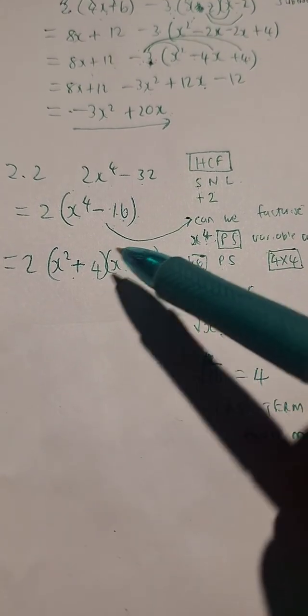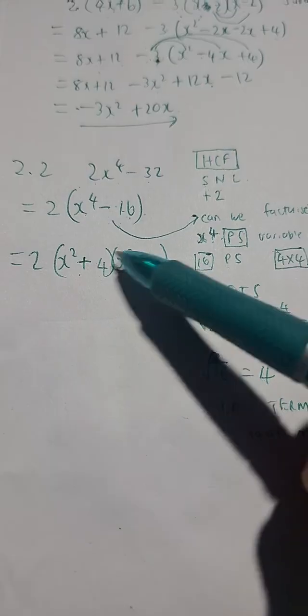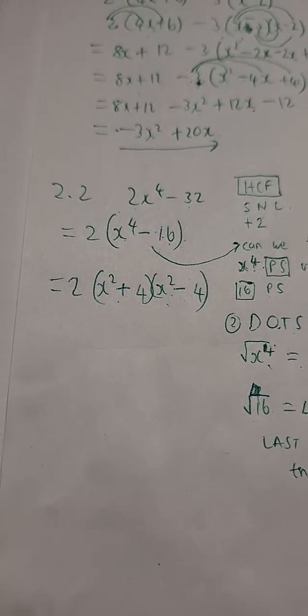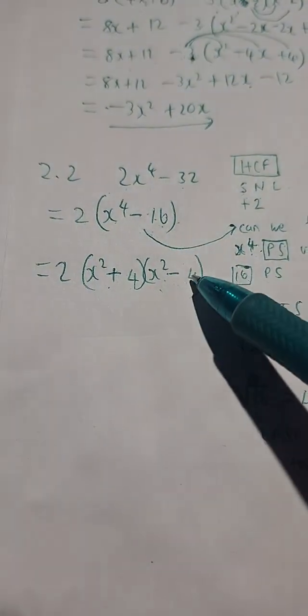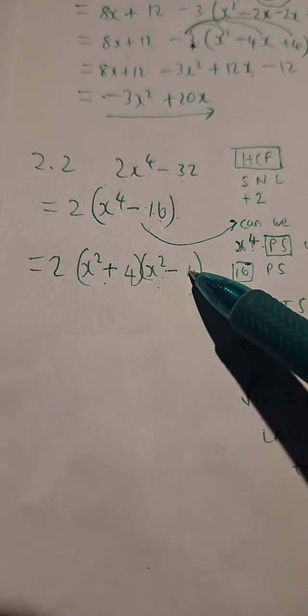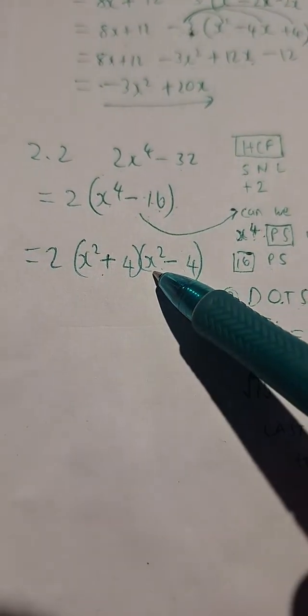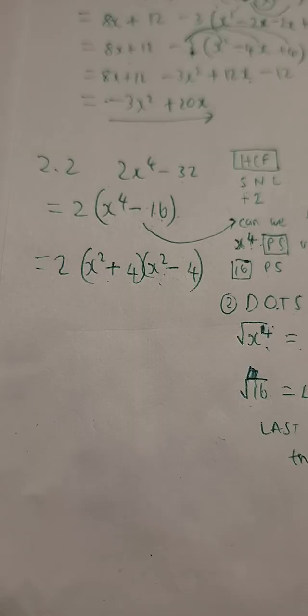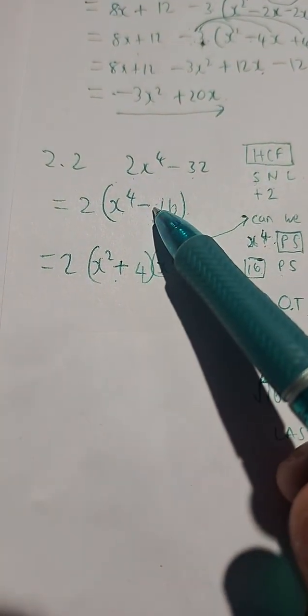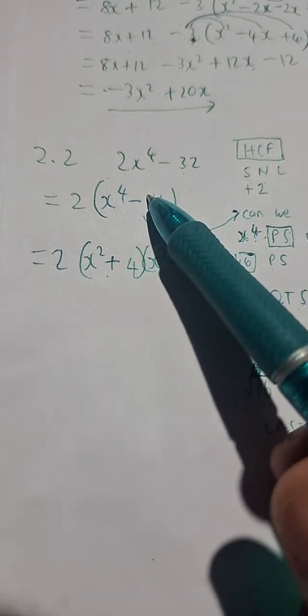Think about it now. If you were to FOIL this back, x squared times x squared, isn't it x to the power 4? Yes, it is. Then you would say x squared times negative 4, you would get negative 4x squared. Then 4 times x squared, you would get positive 4x squared. And those like terms would give you 0 for the middle term, so you would have no middle term.